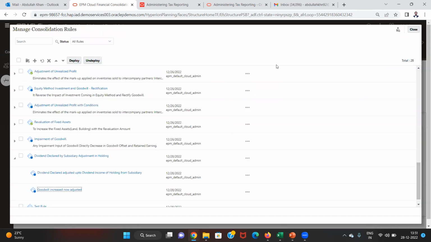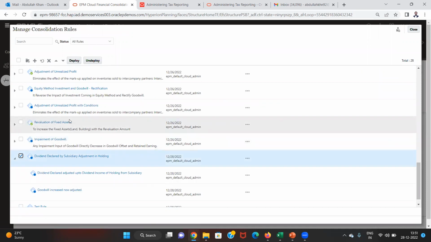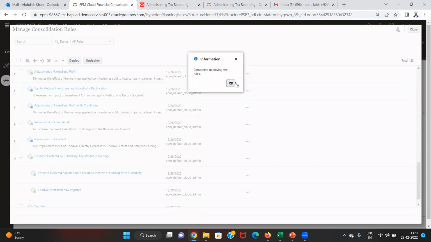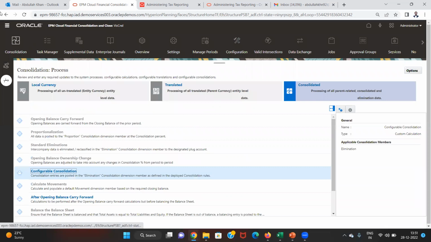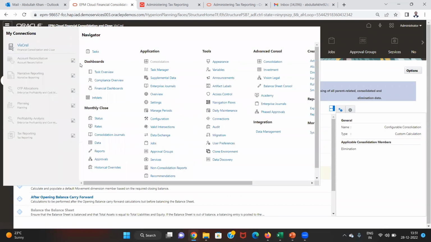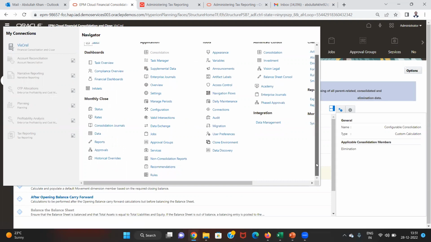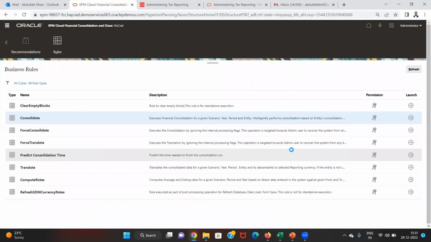So I'll just deploy the rule and again run consolidation. For deploying, I'll just check the box here and then click on deploy. And then I'll go back to the business rules and run consolidation to see if my result matches the use case scenario. I'll go to rules, run console.